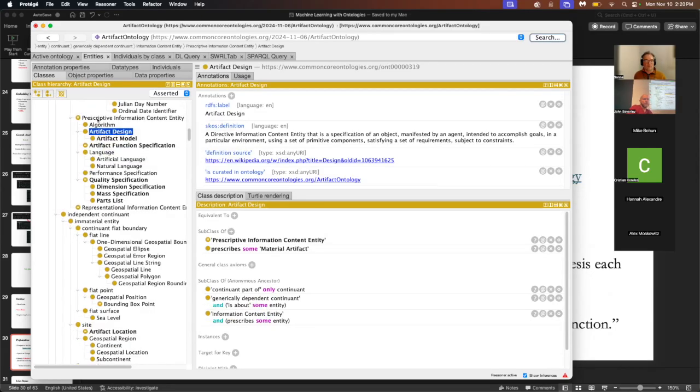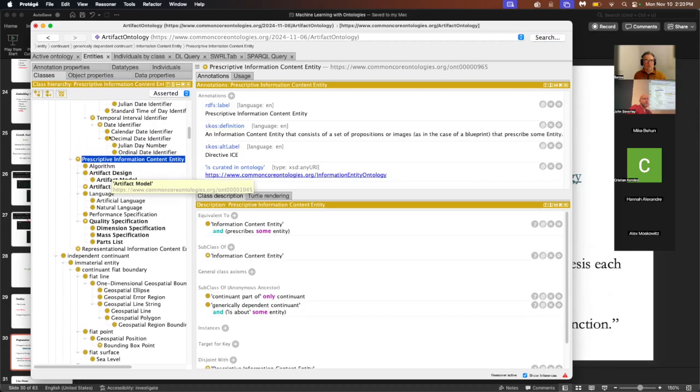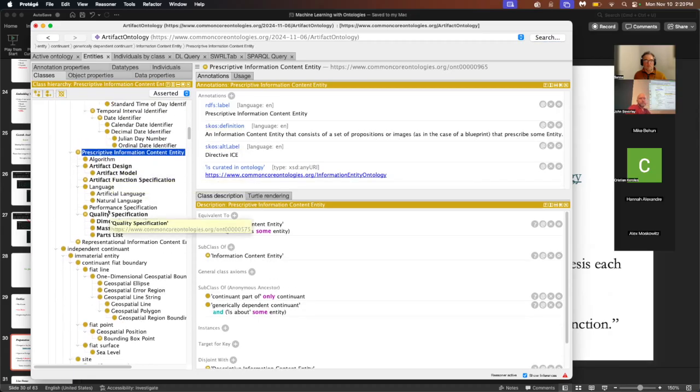What they're doing in the textual definitions, I guess, is that instead of writing material entity that was prescribed by some designated ICE, they would just write designed instead, because it's an easier way to write it. Well, there are a couple of reasons. One is they wanted more flexibility when dealing with artifacts than using just a canonical example would give them.